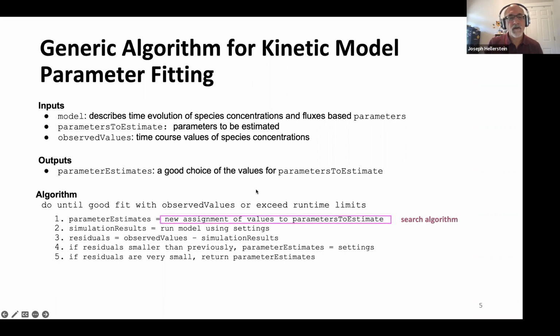Then that's the search algorithm. You will hear a lot of discussion of the choice of the search algorithm, and it does make a difference. But to really understand what's going on, you have to take a step further back to get an appreciation for the magnitude of the technical challenge of doing this search at all, regardless.